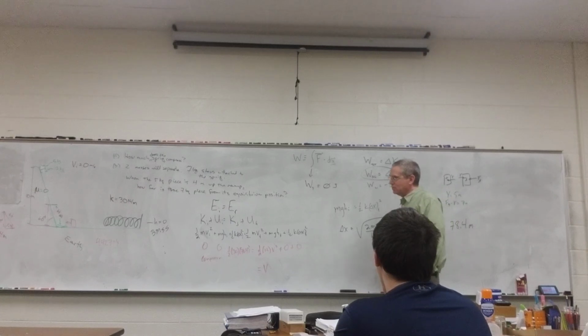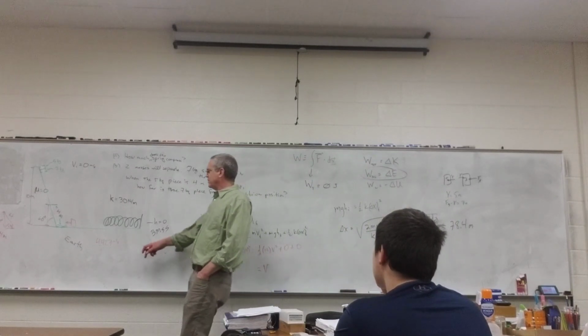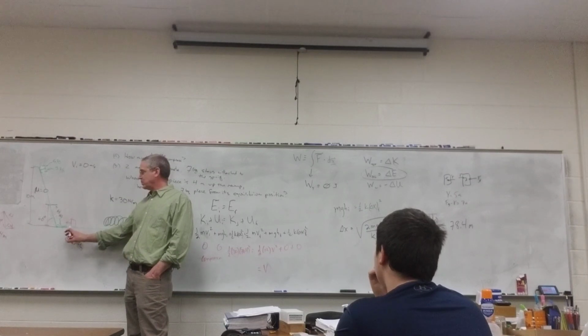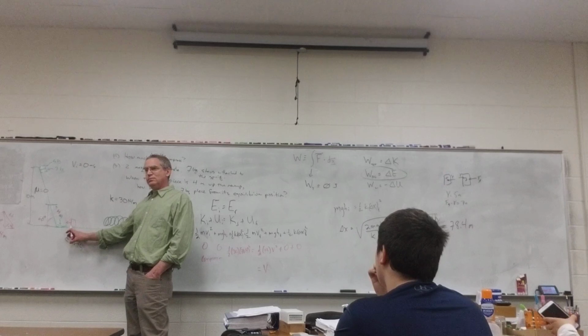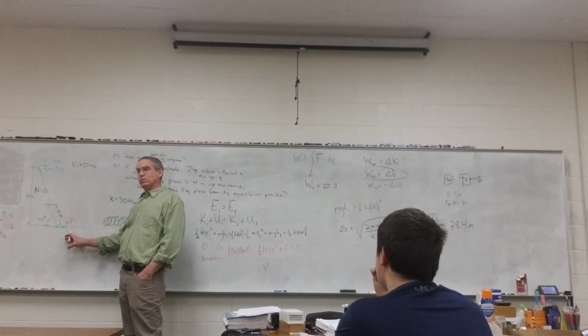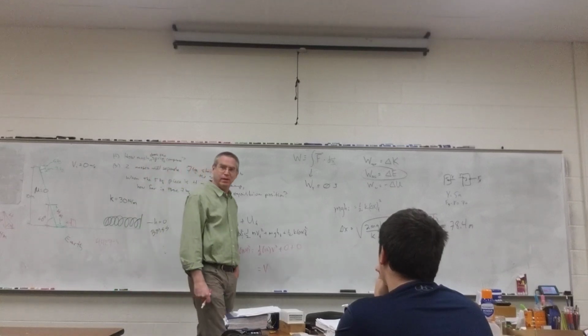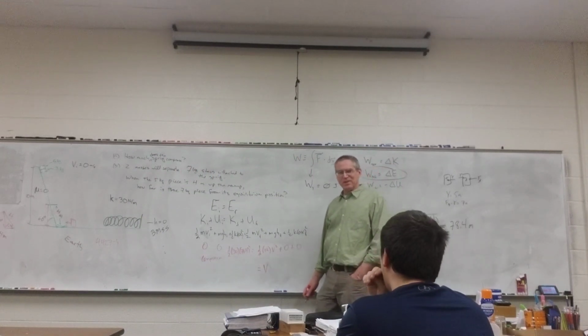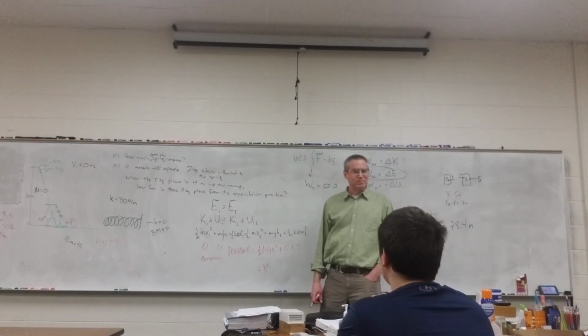You're saying that's the speed at this point right here? No. That's the speed at this point right here. That's how fast they were going when they got down. I changed my answer to 14 meters per second. Anyone else get 14 meters per second?